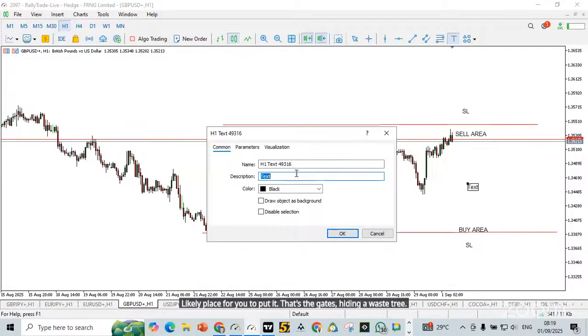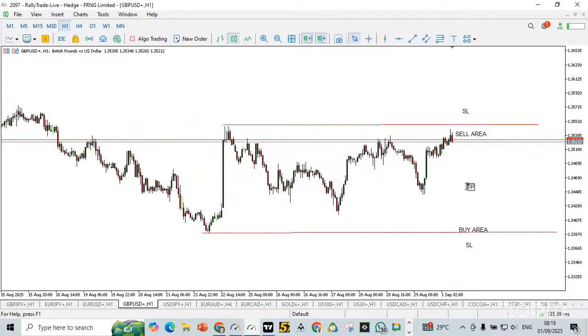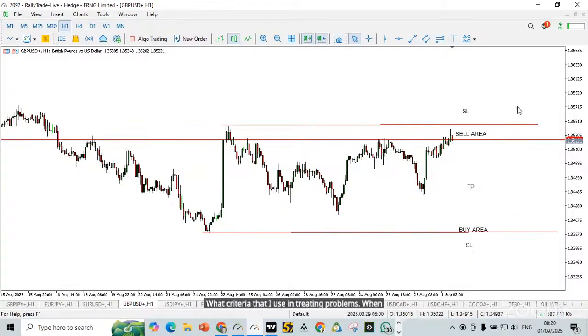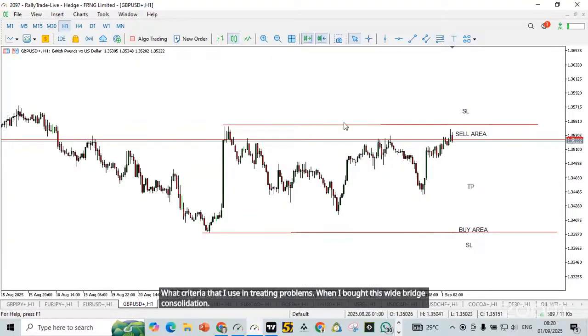So my TP is going to be, this is the plan every time I see a wide range consolidation, still fitting within the four corners, the four pillars, or four criteria that I use in trading all the time. Whenever there's a wide range consolidation, it's a simple plan.